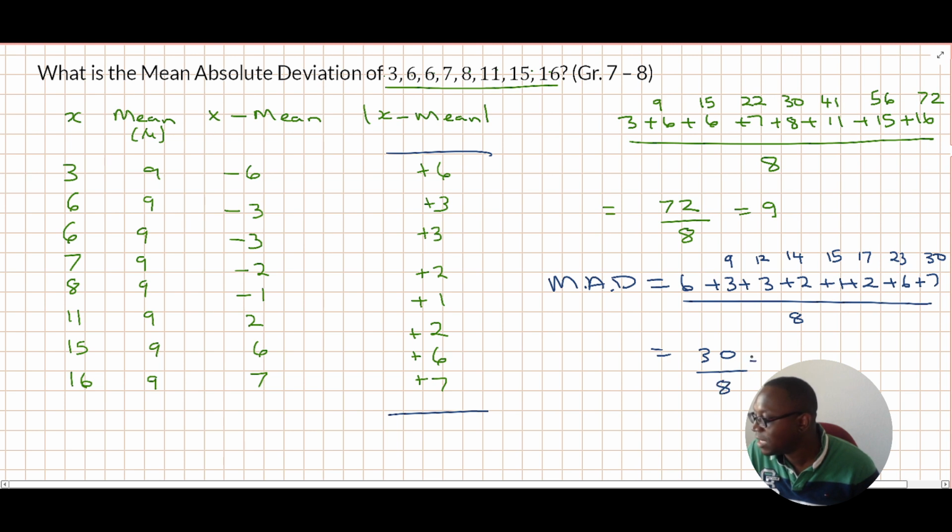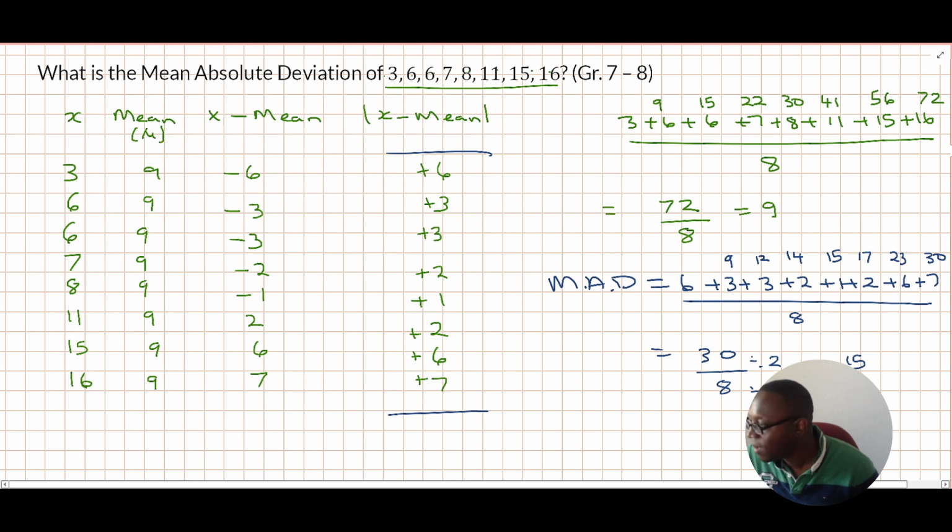Here you can convert this to a decimal, or you can leave it as a fraction. It doesn't make a difference. If I divide this by 2, I'm left with 15 over 4. And you can go ahead and convert it to a mixed number if you want. So 15 over 4. There are 3 groups of 4 in 15.